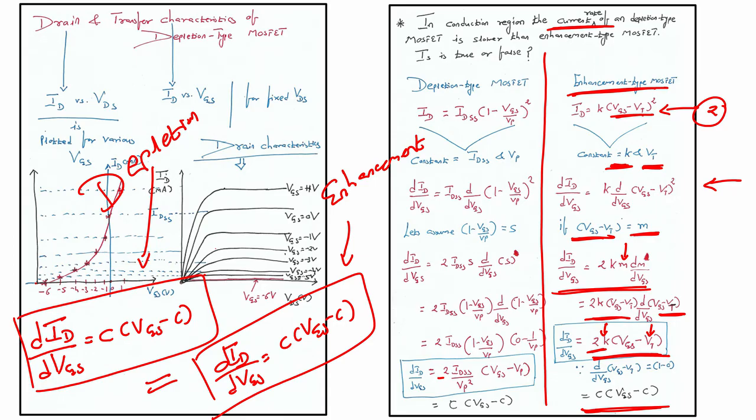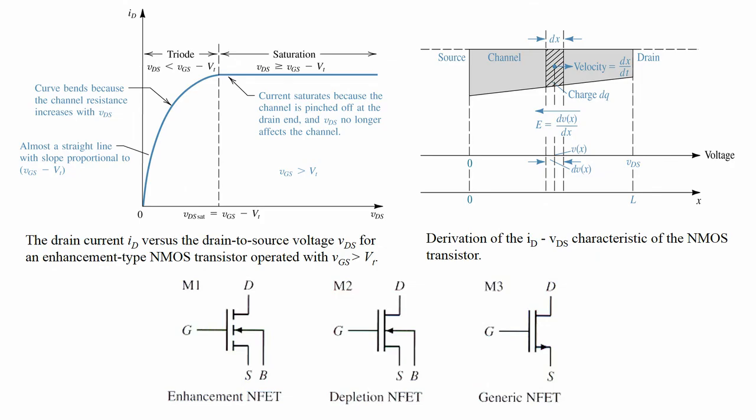It is not slower, not faster, but equal to the rate of change of current in the enhancement type MOSFET. So, this statement is false. Easy, super easy, right. This is how we can derive whether the rate of change of current in a depletion type MOSFET is different from that in an enhancement type MOSFET.